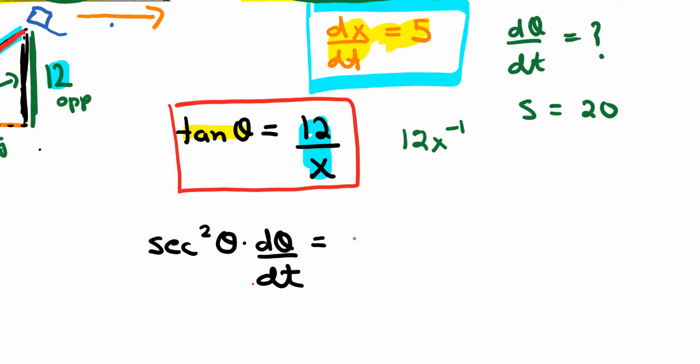So if I take the derivative of that, that's going to be negative 12 x to the power of negative 2 times dx over dt. And if you want to just simplify this part here, you can put that on the denominator as x squared. And let's just erase that. And I'll put my dx over dt a little bit closer.